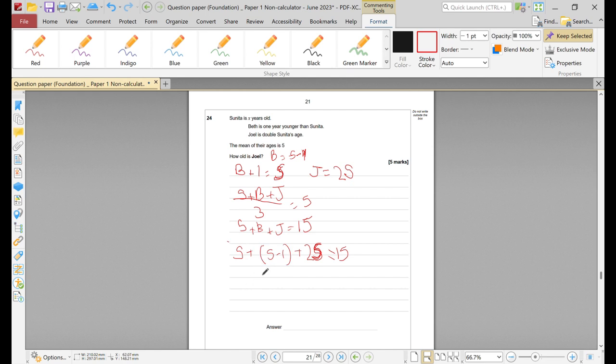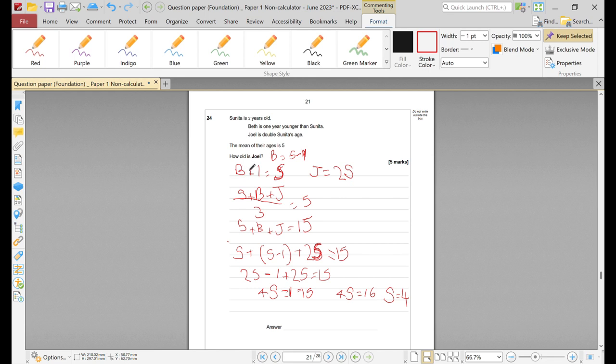Well, S plus S minus 1 is 2S minus 1 plus 2S is equal to 15. So 4S minus 1 is equal to 15. So 4S is equal to 16. So Sunita is 4 years old.